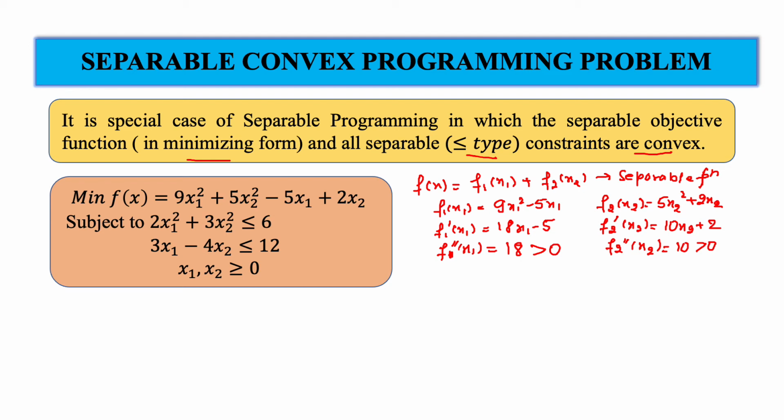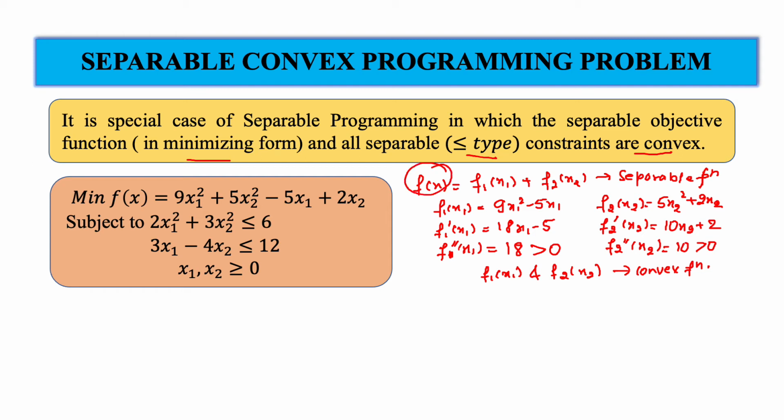So both of these functions are convex functions. So f1(x1) and f2(x2) are convex functions. So the sum of two convex functions is also a convex function.